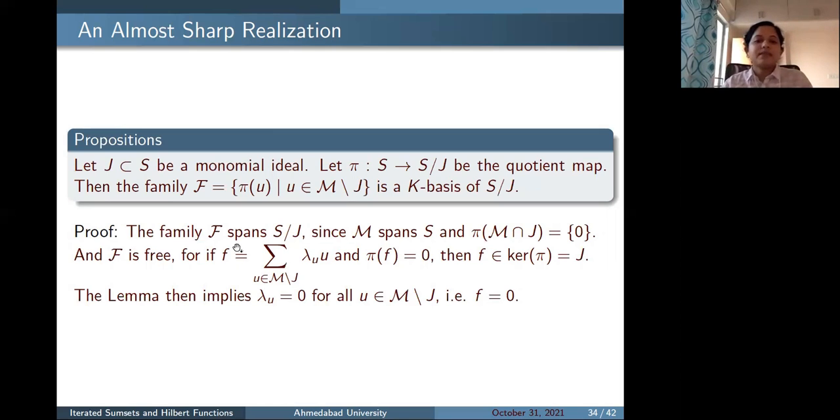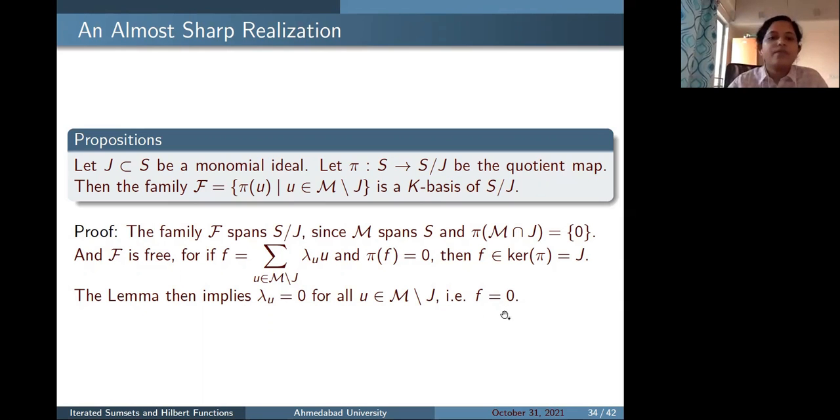F spans S/J, since M spans S. Now, since this family F is free, whenever I write an element in this format, and if I take pi of it to be equal to 0, then it has to belong to the kernel of pi, which is nothing but my J. Now, using the basic lemma, that will imply that lambda_u will be 0 for all u here.